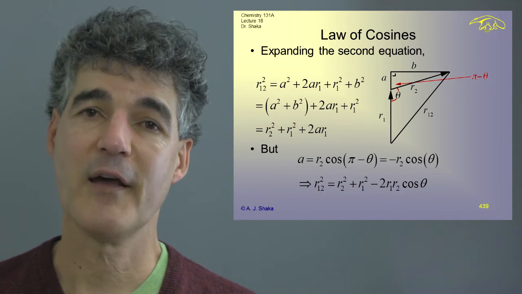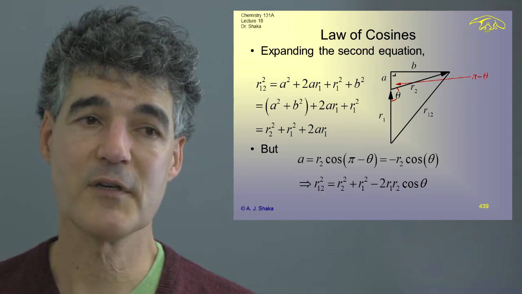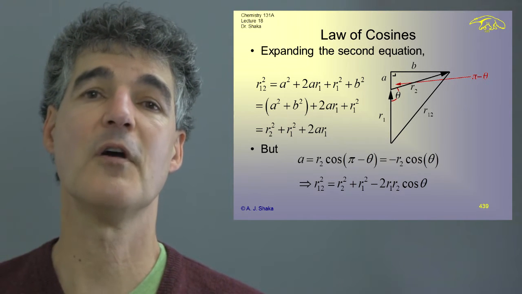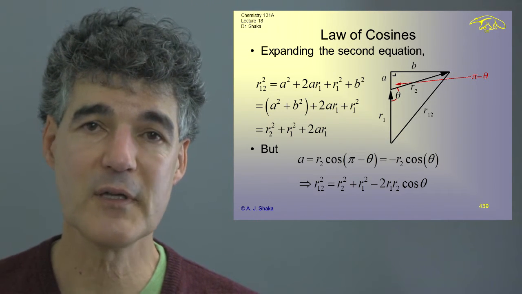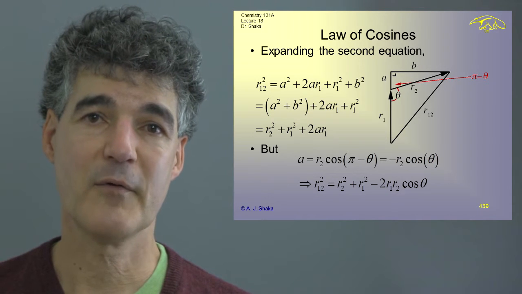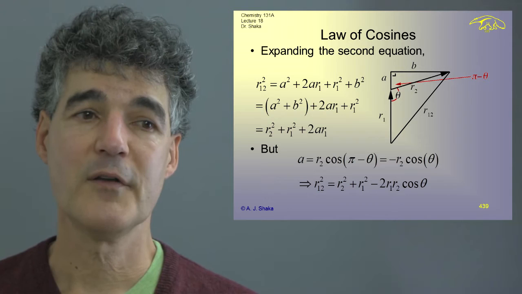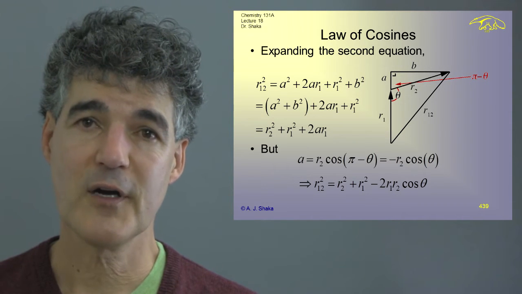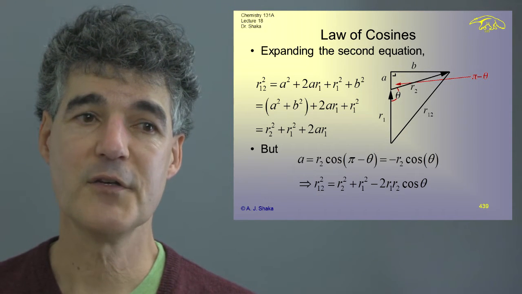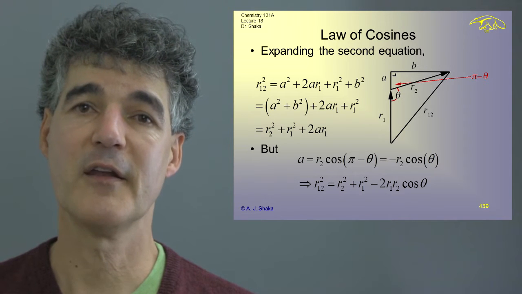So I substitute that value of a in, and I get what's called the law of the cosines, which you could go back to the Pythagoreans or Euclid and find that they were smart enough to figure this out as well. r12 squared is equal to r2 squared plus r1 squared plus 2 r1 r2 cosine theta.